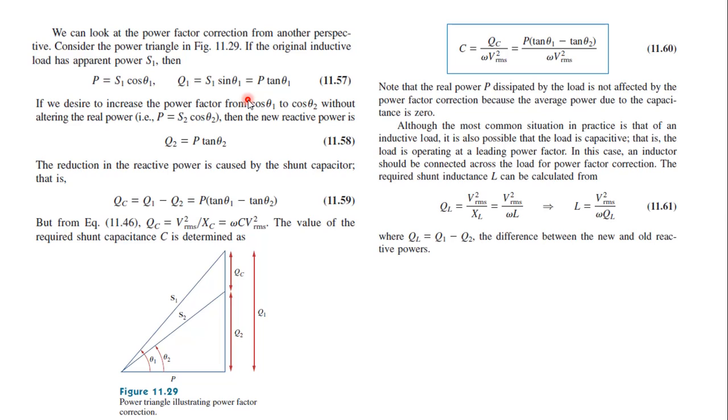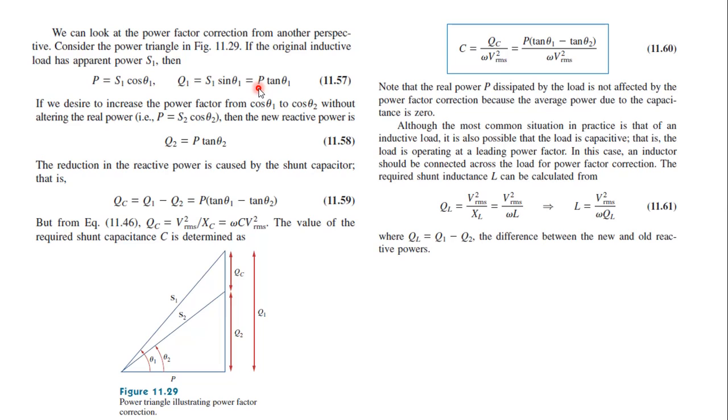So from that we can write P is equal to S1 cos theta 1 and Q1 is equal to S1 sin theta 1. This can also be written as P tan theta 1.